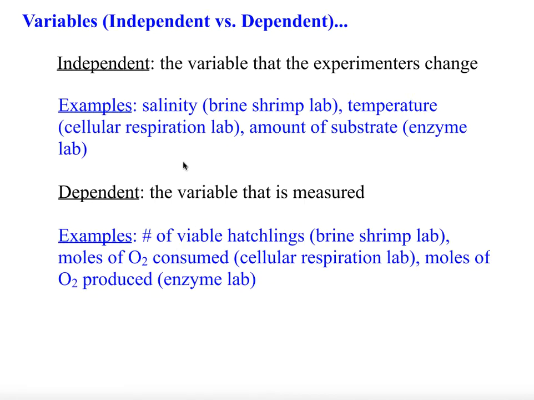So examples from class: the independent was the salinity of the brine solution, and your dependent was the number of viable hatchlings, from the first week of school. Cellular respiration lab, right? You were calculating the moles of oxygen consumed. And then the enzyme lab was kind of the reverse. You were looking at the moles of O2 produced by the yeast when you were adding the enzyme to the hydrogen peroxide, seeing how fast it catalyzed that reaction.